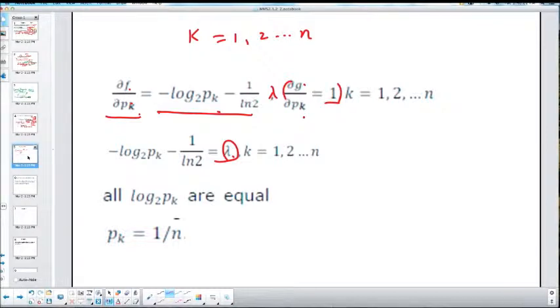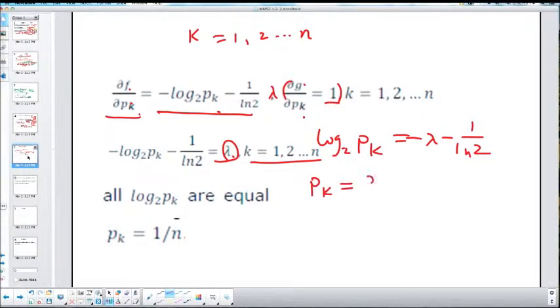That means it doesn't matter what k is. This logarithm base 2 of pk always equals, put it this way, negative lambda minus the logarithm base 2. It doesn't matter what k is. So all these pk equal pj for any j and k.